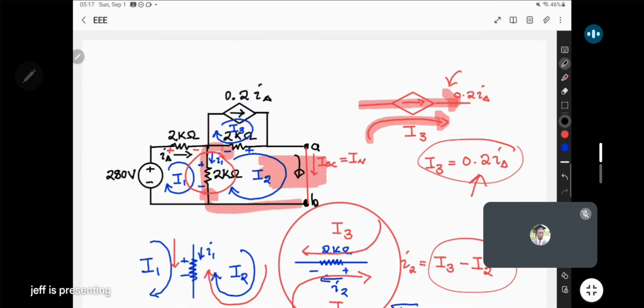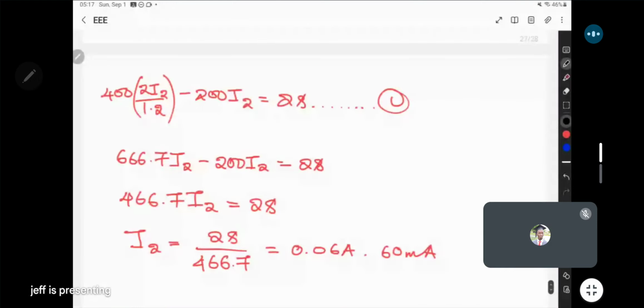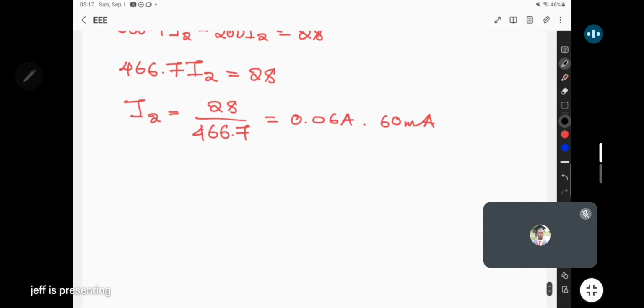So mesh current I2 will be the same as the I short circuit. So by finding mesh current I2 here, we have actually found what our I short circuit will be. So I short circuit, which is the same as I Norton, is the same as mesh current I2, which is equal to 0.06 amps.